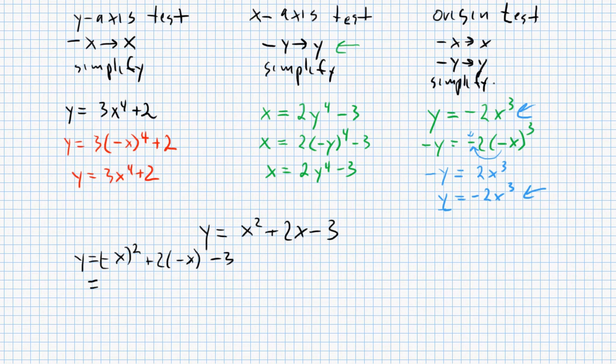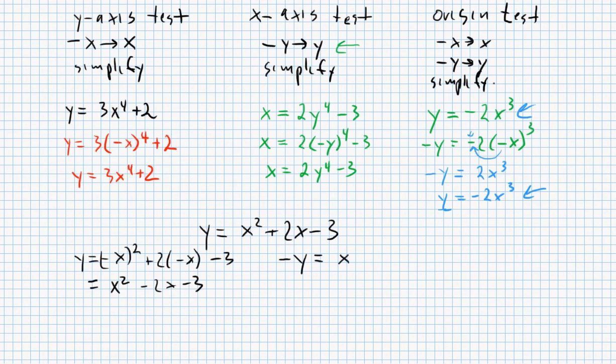That is y equals x squared, because negative times negative is positive. 2 times negative 1 is negative 2x minus 3. Oh yes, that's not the same as the original. You can see, because it's negative 2x rather than minus 2x, and so that fails the y-axis test.